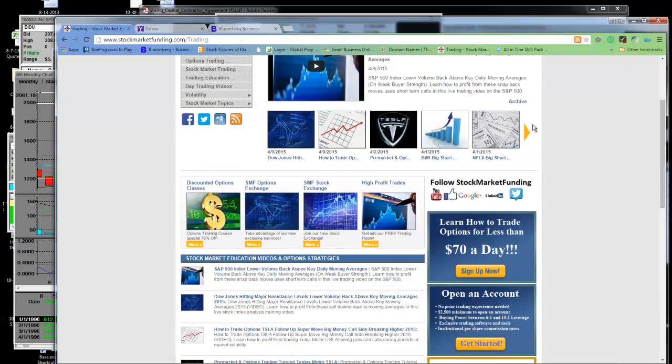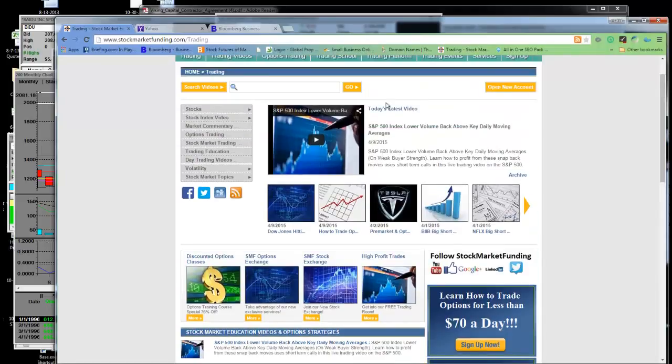And so back over here on 4/9, we were talking about the S&P 500 right here. Here it is, right in front of your face. I said the index, lower volume, back above key daily moving averages. You see the print? You see it? I said weekly buyer strength was very weak. Very weak.